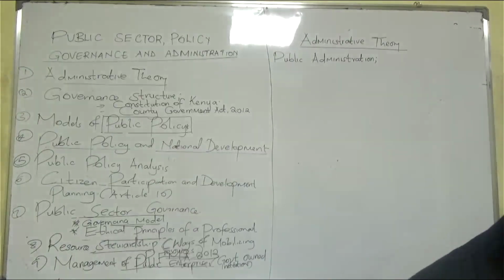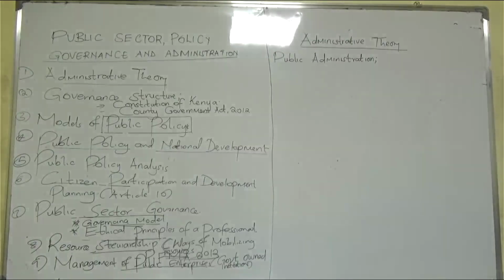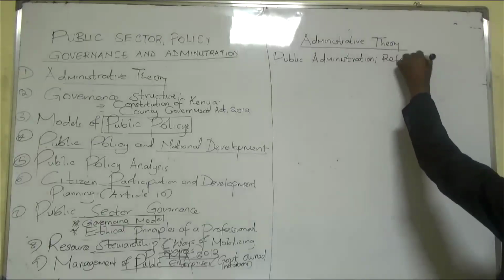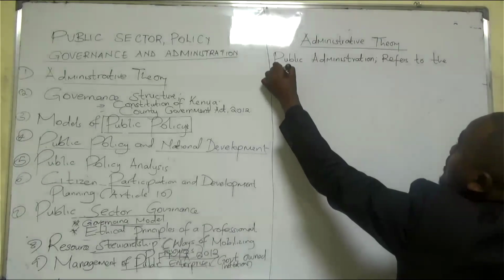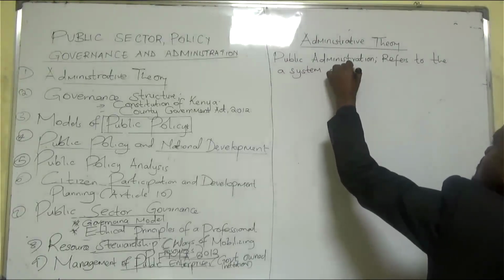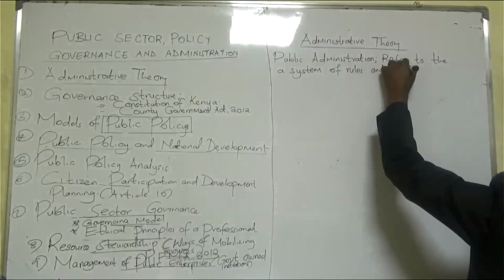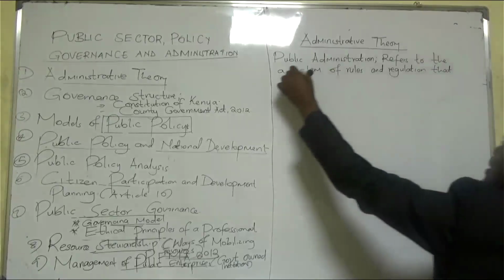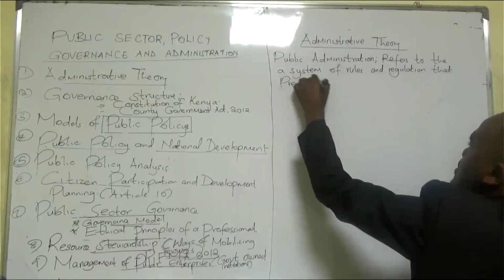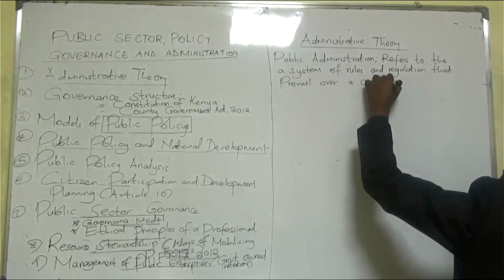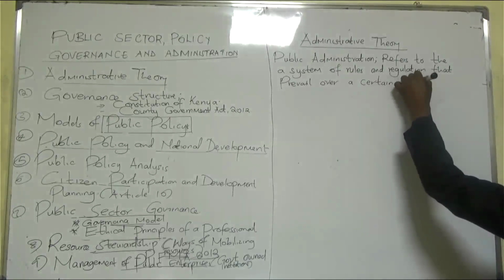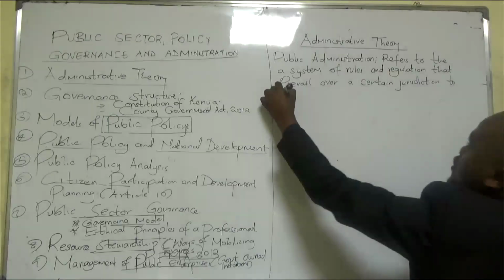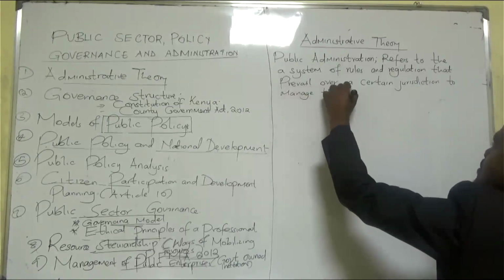We can say that public administration refers to a system of rules and regulations that prevail over a certain jurisdiction to manage the execution of a public policy.